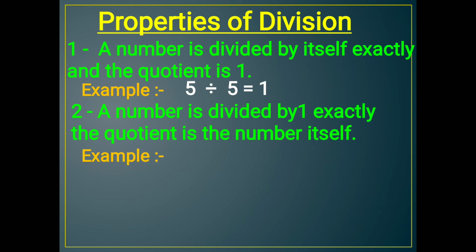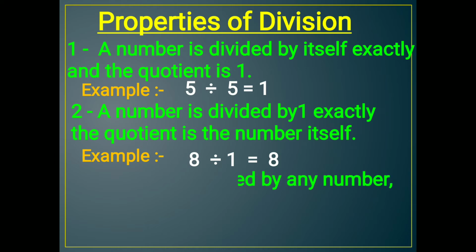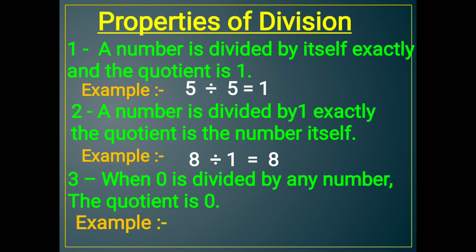For example, 8 divided by 1, the answer we get is the number itself. That means 8. Now, the third property is when 0 is divided by any number, the quotient is always 0. For example, 0 divided by 9, the answer we get as quotient is 0.